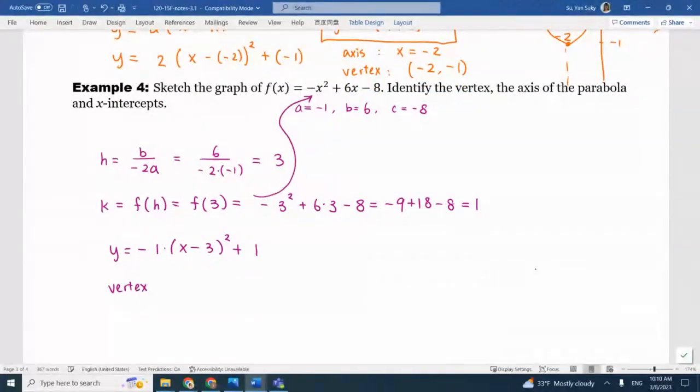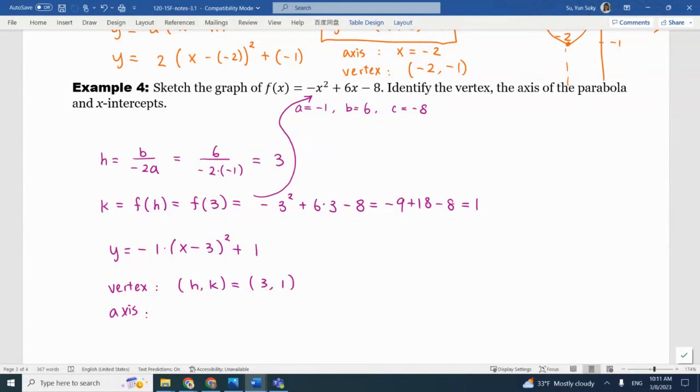Vertex. So read the problem carefully, right? Vertex is H comma K. H is 3, K is 1. The axis of symmetry is what? Remember, it is a line.